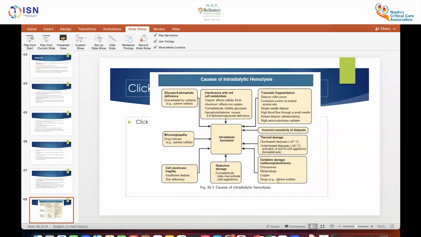Let us say there are two forces. One is the oncotic force, which is present in the intravascular compartment. Another is the Starling force, which is also present in the intravascular compartment. Whereas in the interstitial compartment, there is an oncotic pressure as well as a hydraulic pressure.